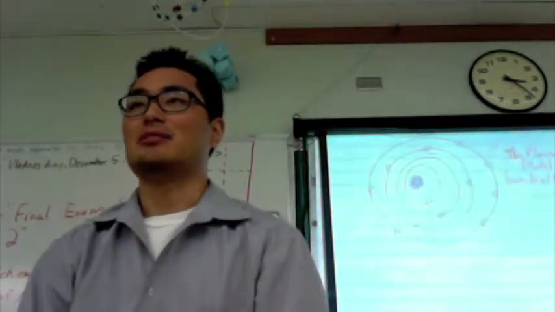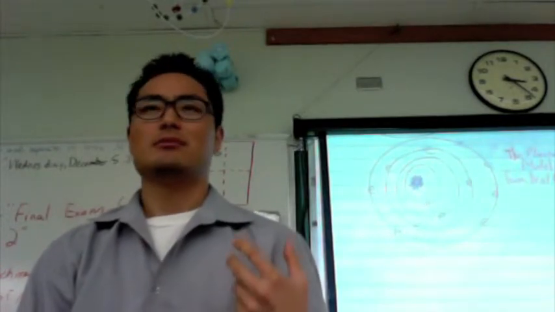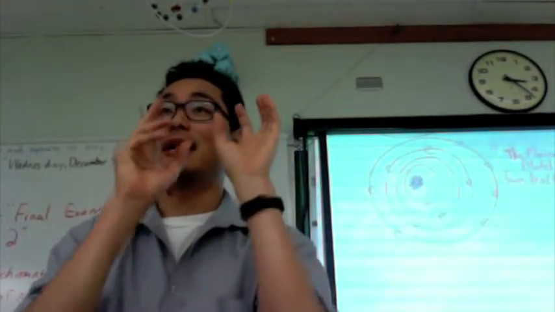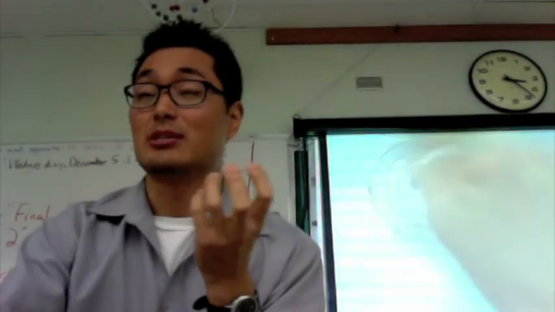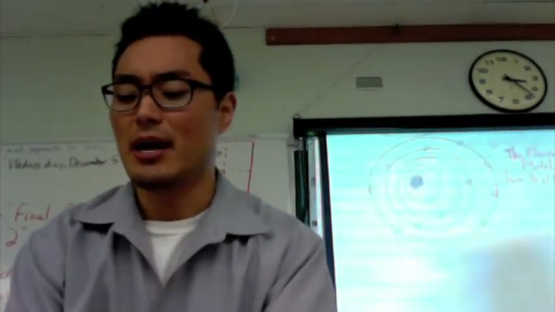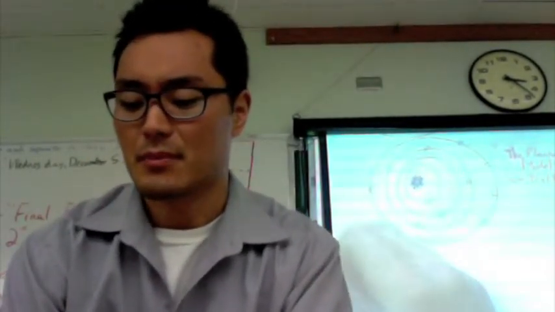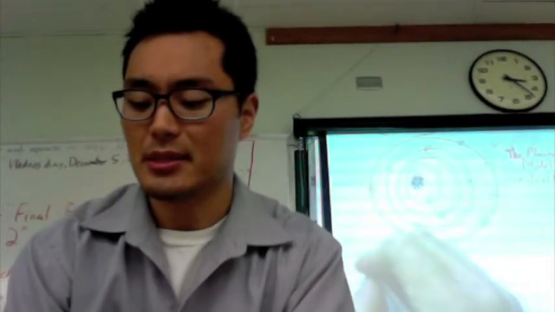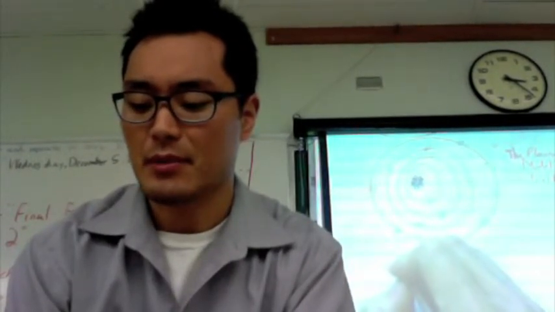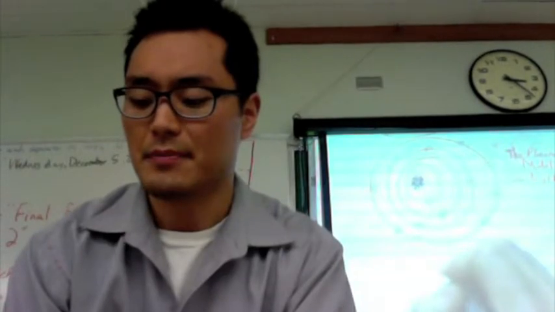So another chemist decided, okay, let's guess where the atom has electrons. We can't know where it is in a ring, but we can guess. So there are areas of guessing for the electron called orbitals.